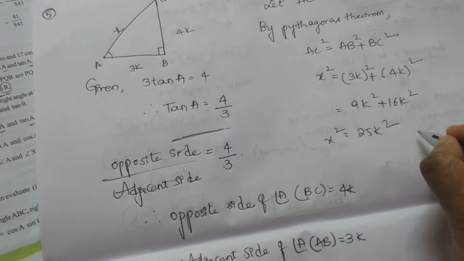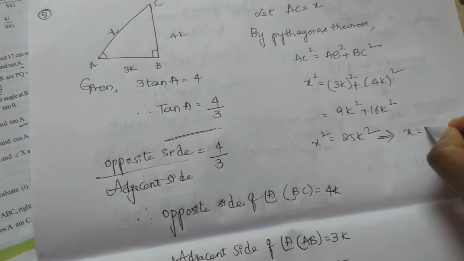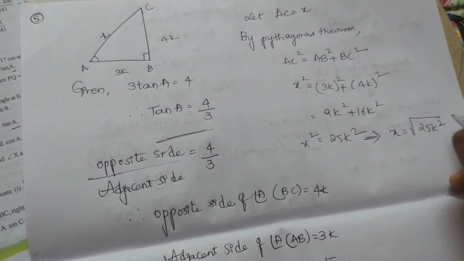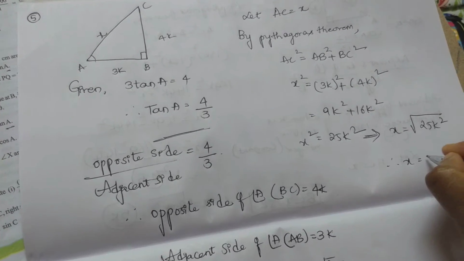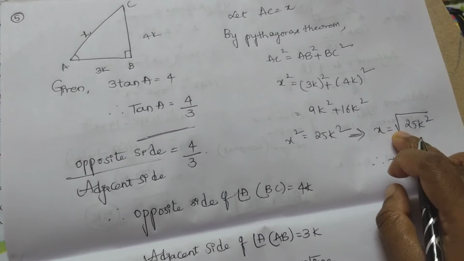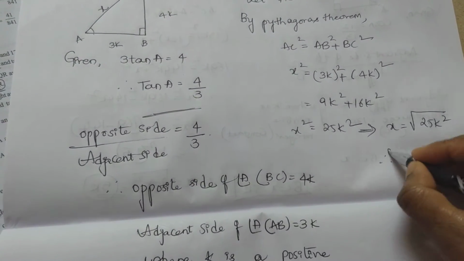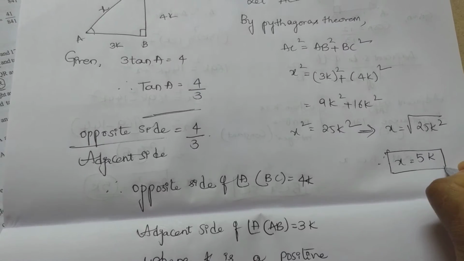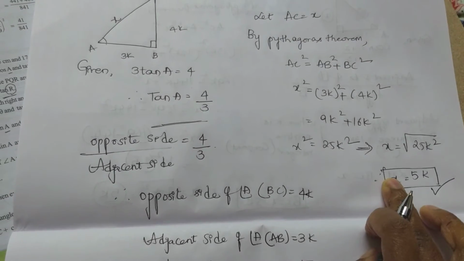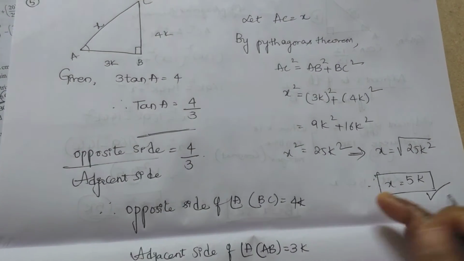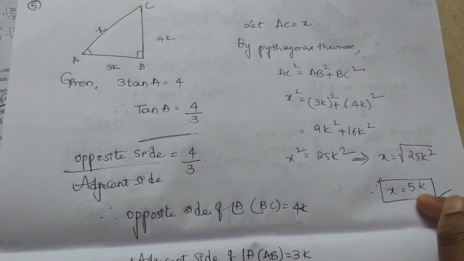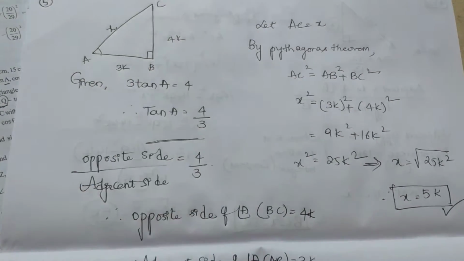So x square implies x equals square root of 25K square. Therefore x equals 5K, because the square root of 25 is 5 and the K square root and square will be cancelled off. Since x is a side, and a side is a positive term, you take the positive value. So you got x value as 5K.